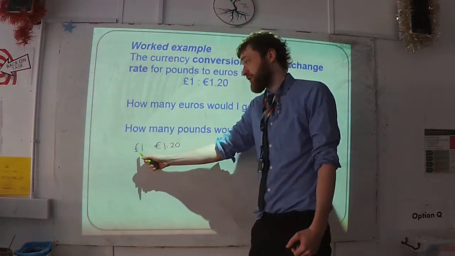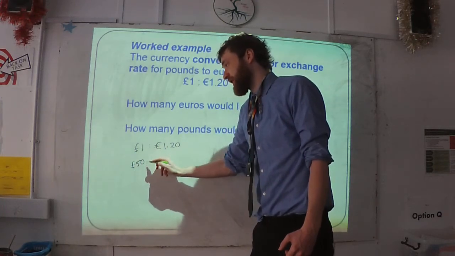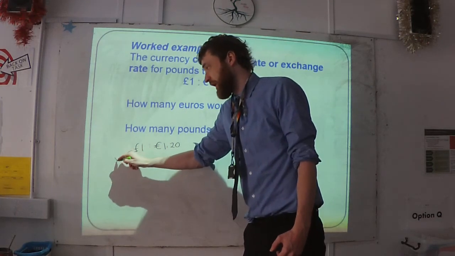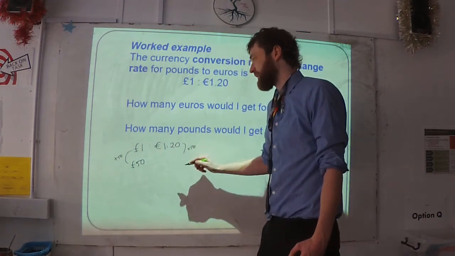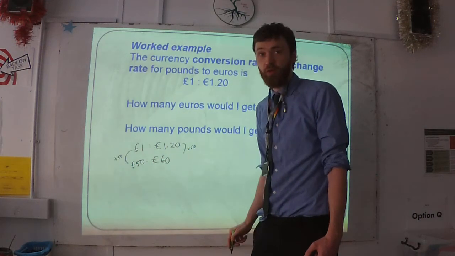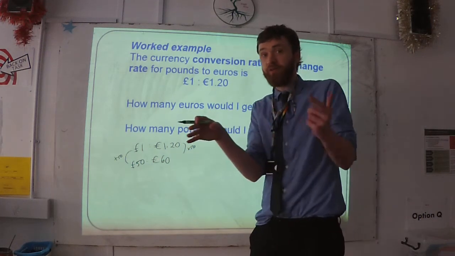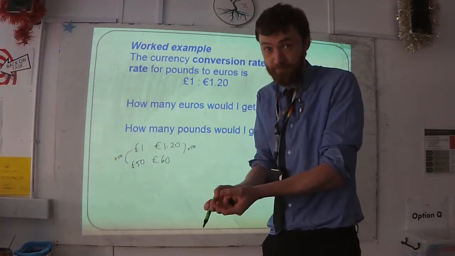So to get from 1 to 50, we times by 50, so we times by 50 here, and that, using a calculator, would get you €60. So £50, if we convert it into euros, would be the same as €60.